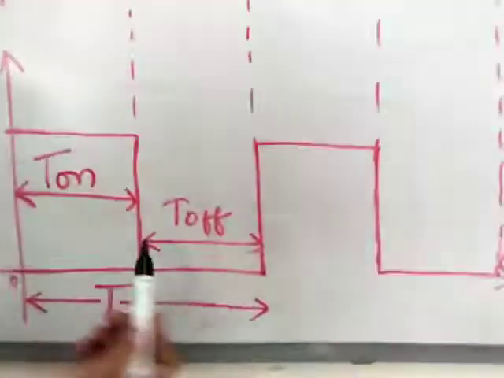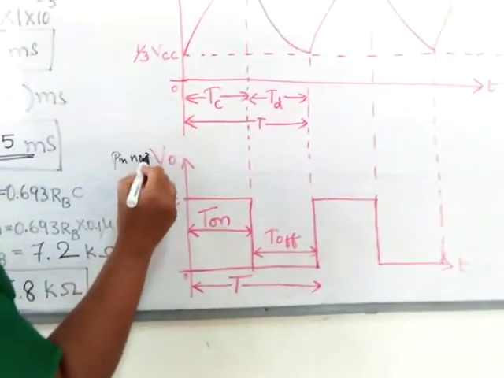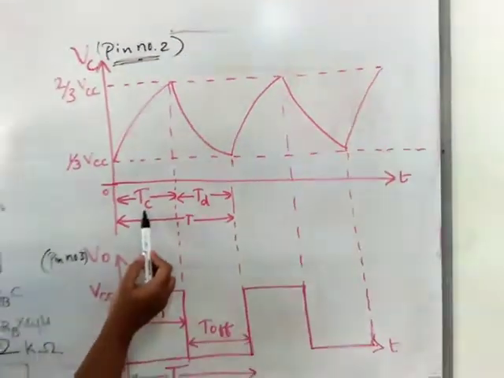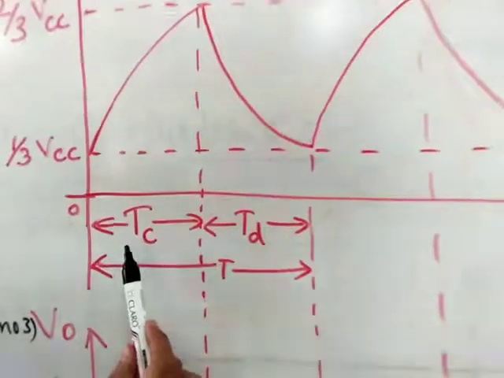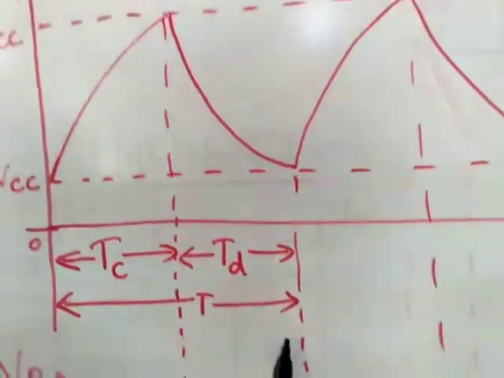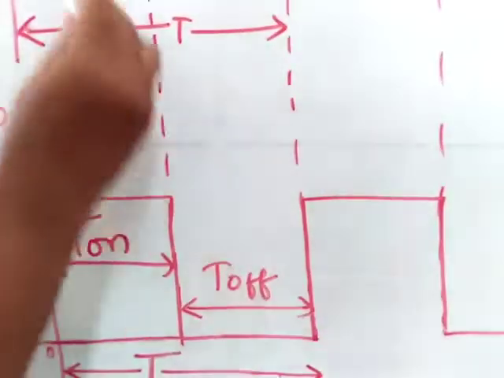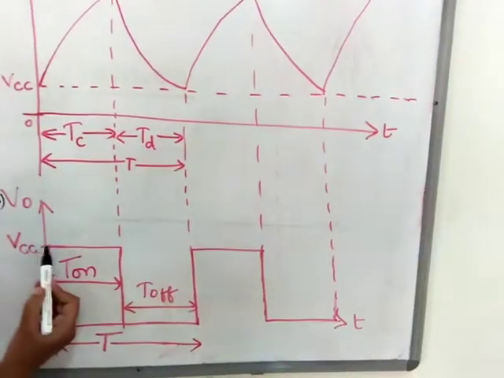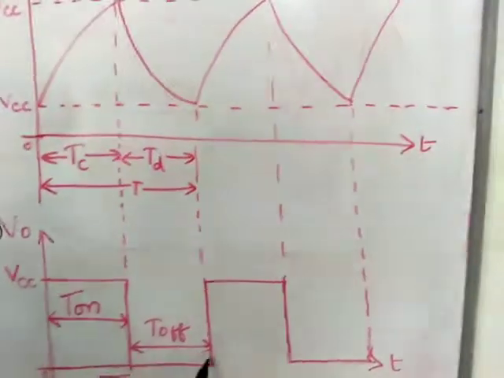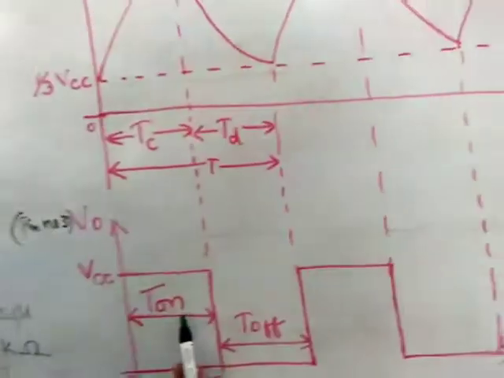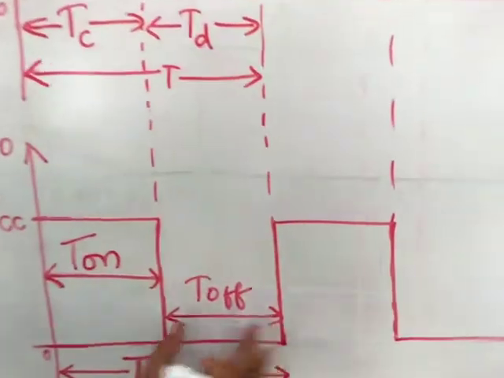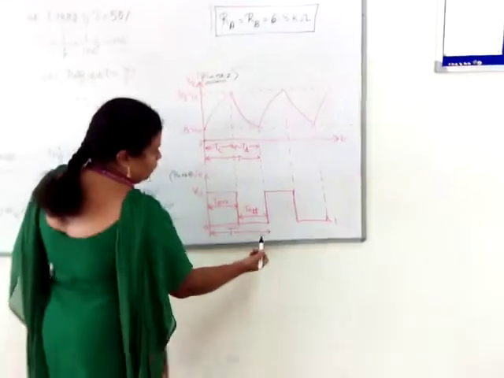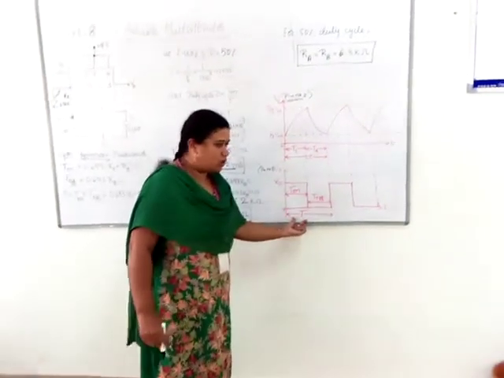Charging time is denoted by TC, discharging is TD, so TC plus TD is equal to 1 period. Here you can observe the charging time will be equal to the discharging time. Therefore T on and T off both will be of equal duration, the same width. So the waveform is a square wave, and T on plus T off is equal to 1 period.